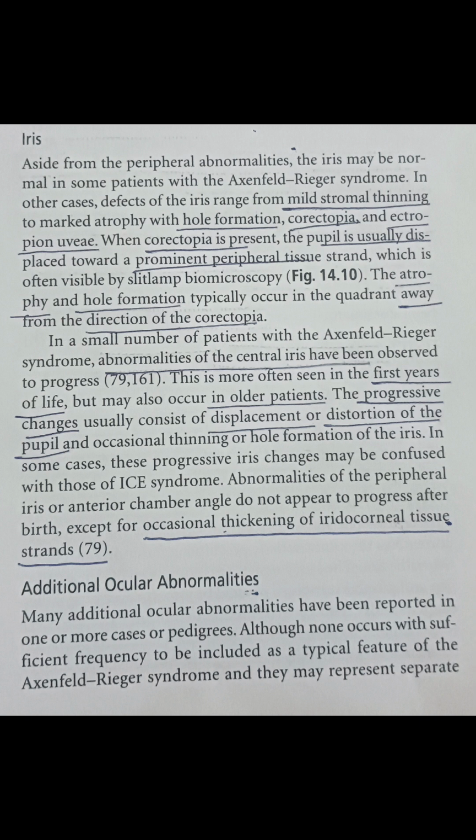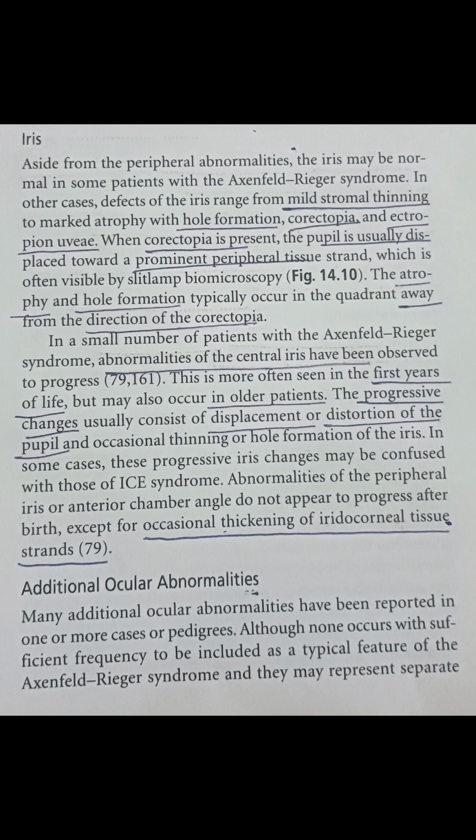In other cases, defects of the iris range from mild stromal thinning to marked atrophy with hole formation, corectopia, and ectropion uveae. When corectopia is present, the pupil is usually displaced toward a prominent peripheral tissue strand, which is often visible by slit lamp biomicroscopy. The atrophy and hole formation typically occur in the quadrant away from the direction of the corectopia.